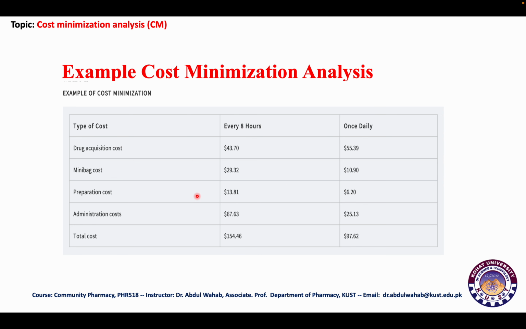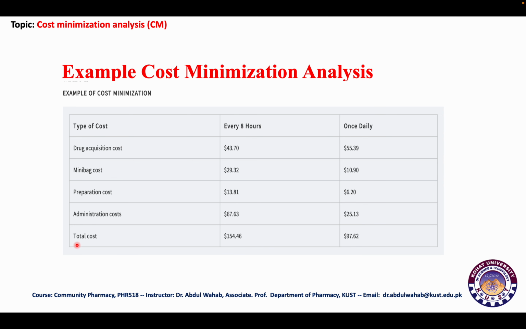The preparation cost for the product administered every 8 hours is $13.81, and for the once daily product the preparation cost is $6.20. The administration cost for the product administered every 8 hours is $67.63, and for the once daily product the administration cost is $25.13.